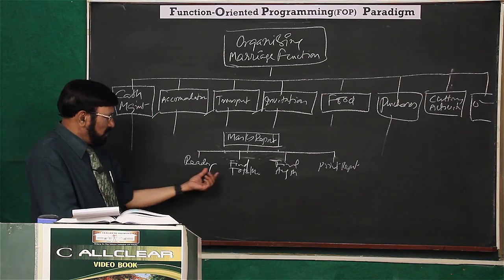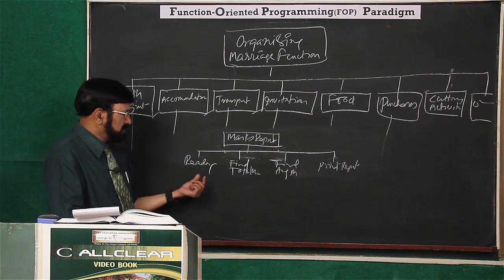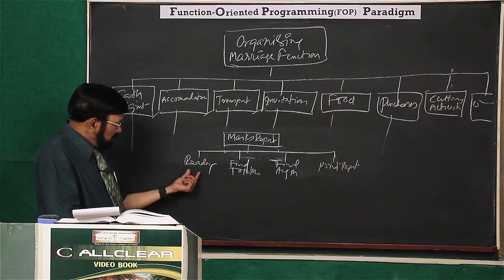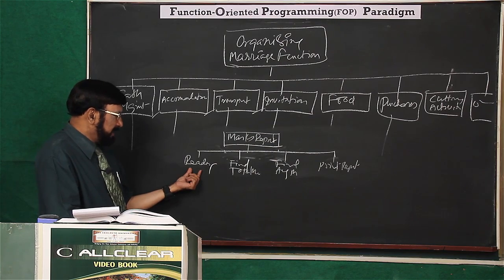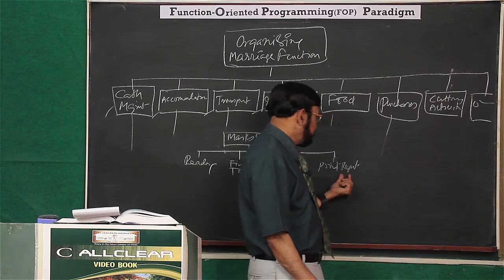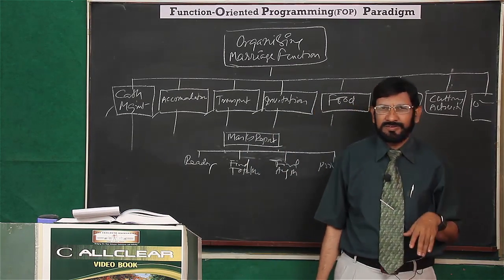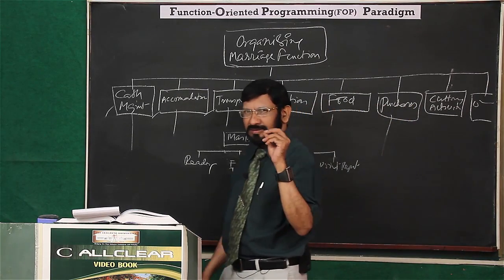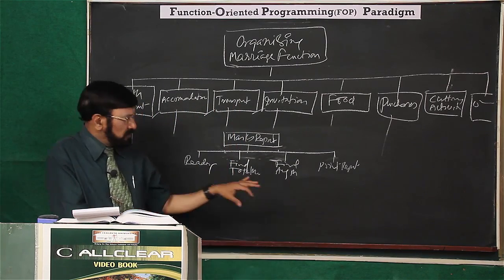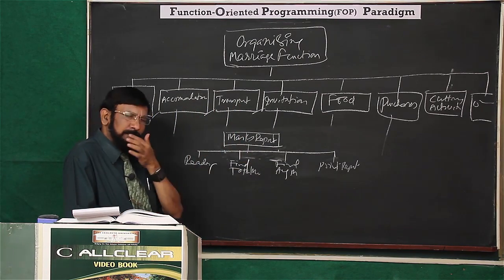Here, you write four functions. This is the main task, the main function. Then read data, find total, find average, print report: four functions you write. By the collective contribution of these four functions, your job is performed.